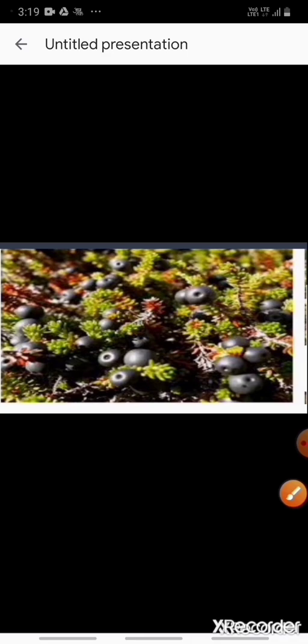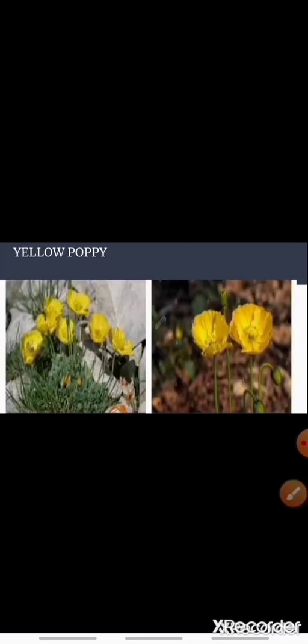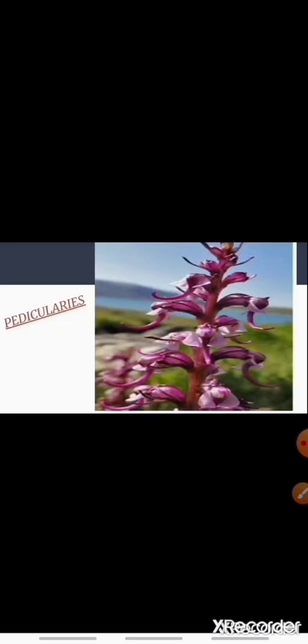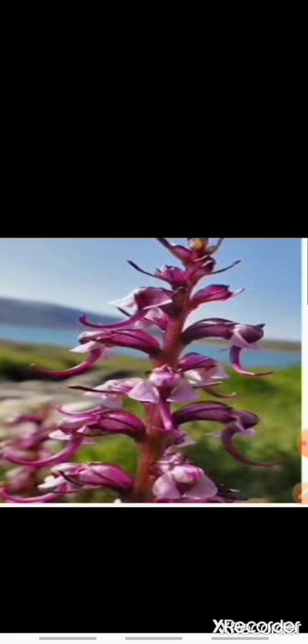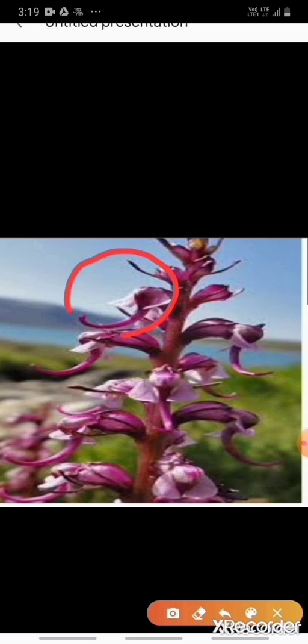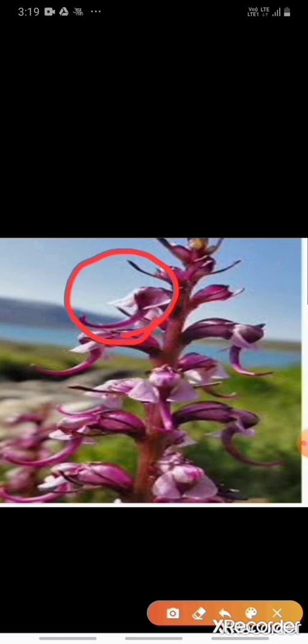Some flowering plants in the north include yellow poppy and pedicularis. See children, these flowers are so beautiful and colorful, isn't it? Looking at these flowers, aren't they looking like the head of an elephant?